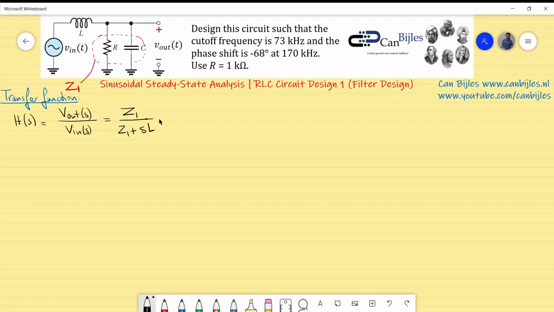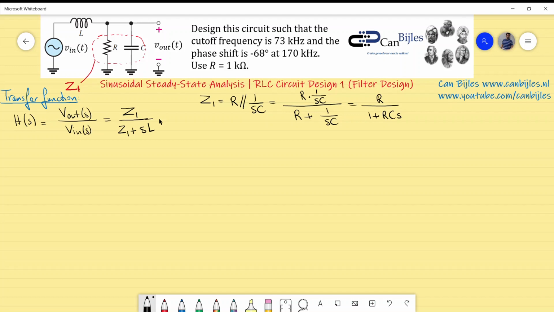What is Z1? Z1 is the parallel combination of the R and the capacitor. So that is R times 1 over sC divided by R plus 1 over sC. If you simplify this, you will have R divided by 1 plus RCs.